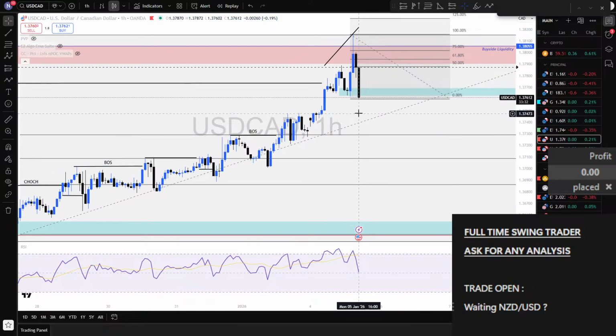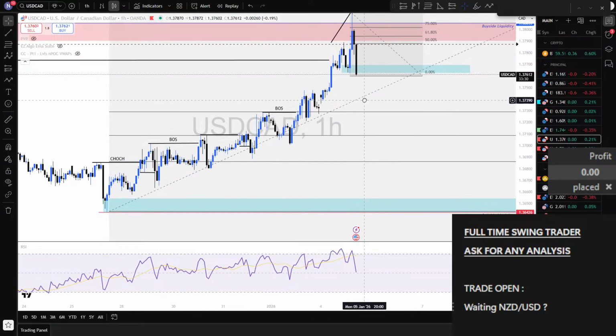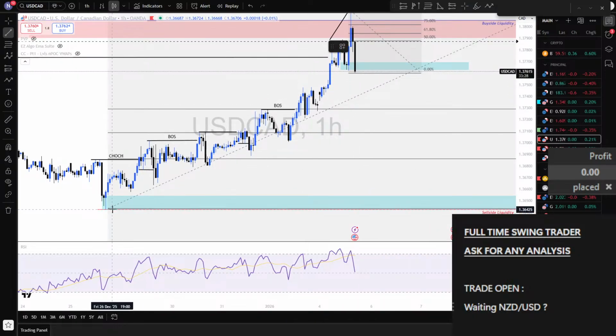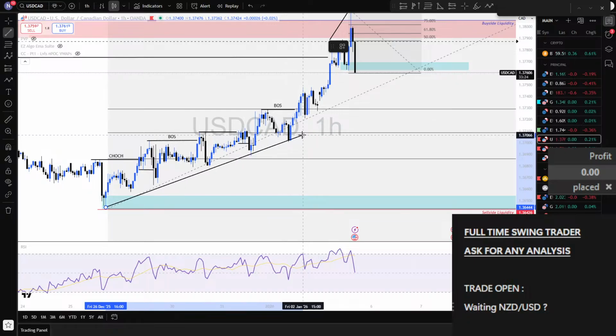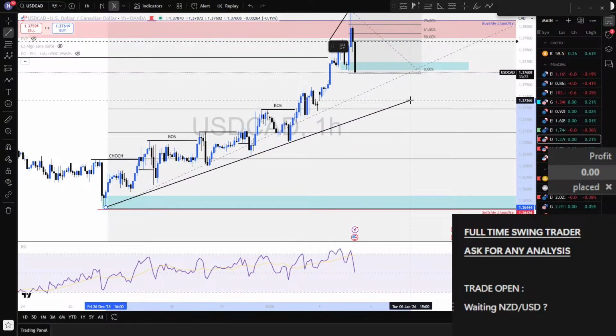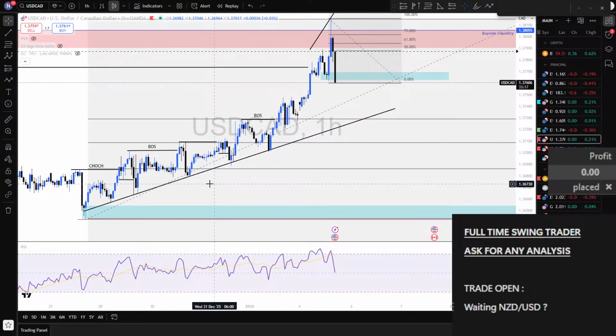But if he starts breaking like that, USD CAD is supposed to take a lot of liquidity of all this liquidity you're seeing there. I don't think he's gonna leave them like that.